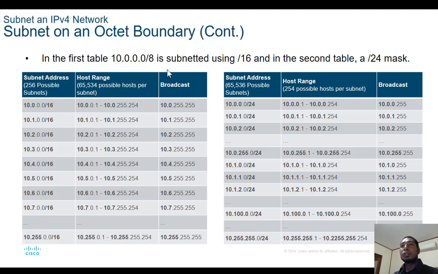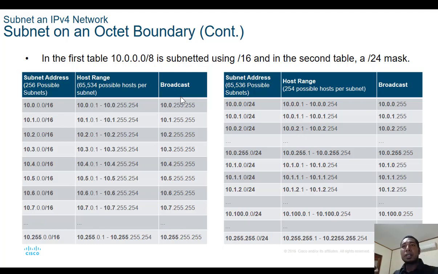And notice the broadcast. First address is your network address, last address is your broadcast. By the way, when you're subnetting, those are two important things you need to know. There's a video further down on subnetting with the magic number. Once you know the magic number, you use it, find your subnet address, know your broadcast, and that's it.